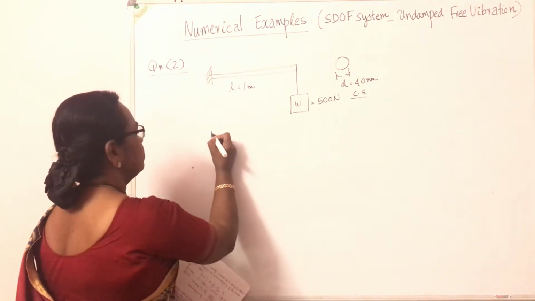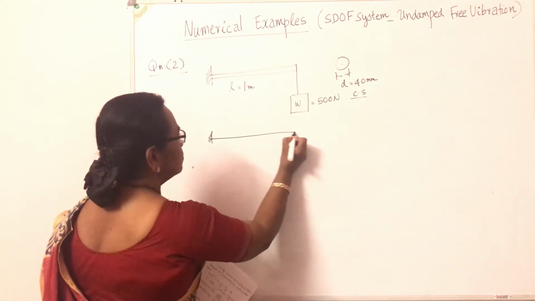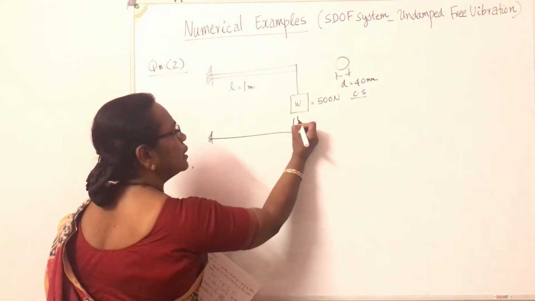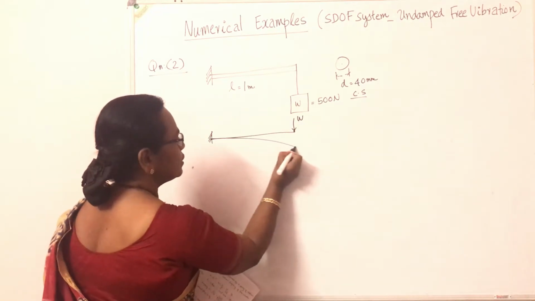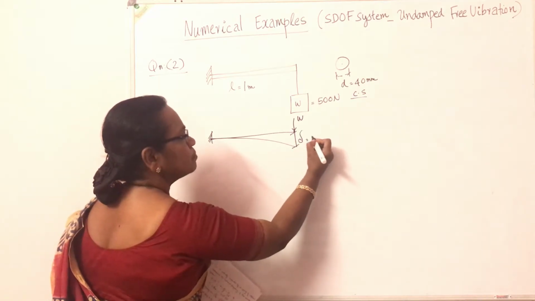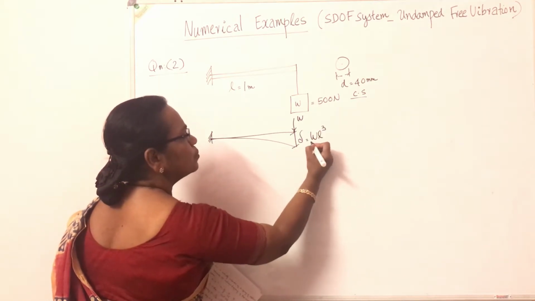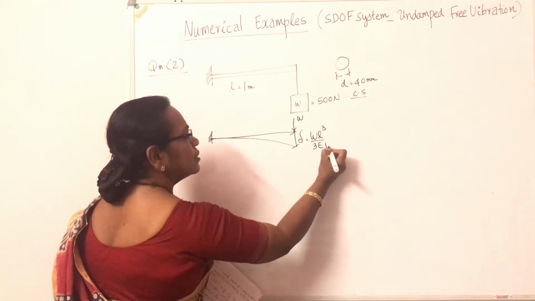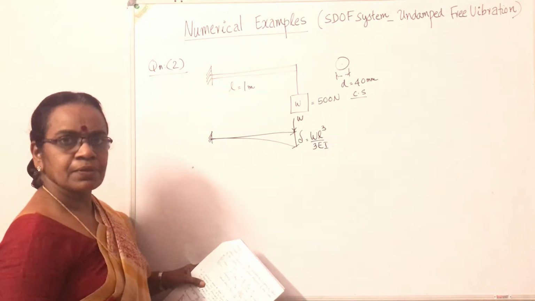When the cantilever beam is subjected to a load W here, it will undergo a deformation, the deflected shape. The deflection at this point is W L cubed by 3EI.